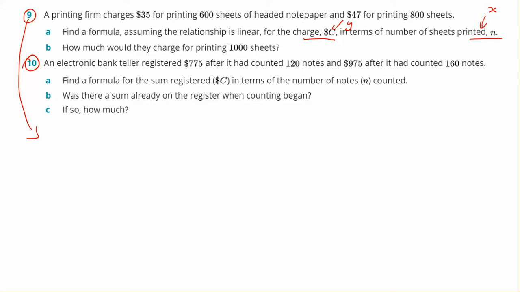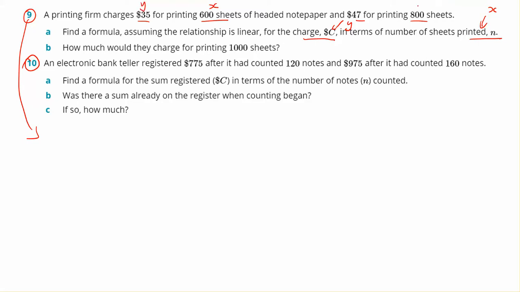So we've got to interpret. So if $35 equals 600 sheets and $47 equals 800 sheets, you can treat those as data points, okay. The number of sheets printed is like x. So when x equals 600, y equals 35.